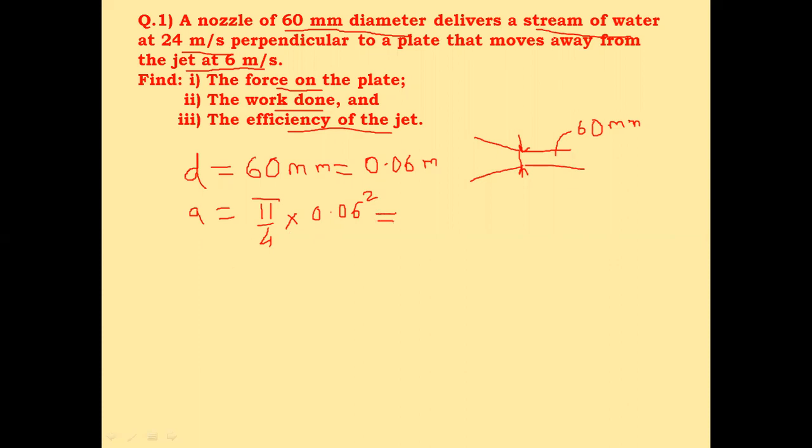Next, it delivers a stream of water at 24 meter per second. So the absolute velocity of the jet is 24 meter per second. Perpendicular to a plate, that means it is an example of a flat vertical plate which is moving, because the jet of water is perpendicular to the plate.